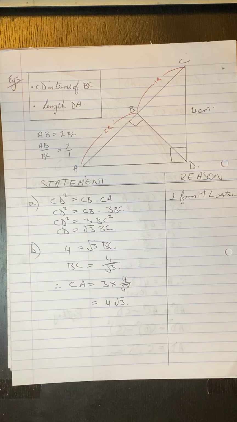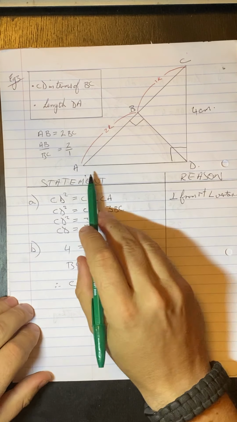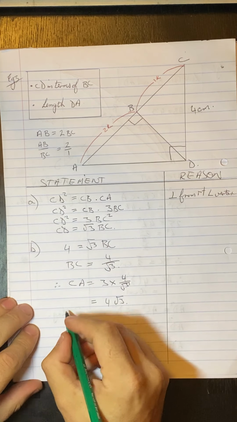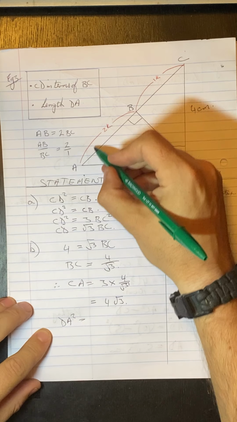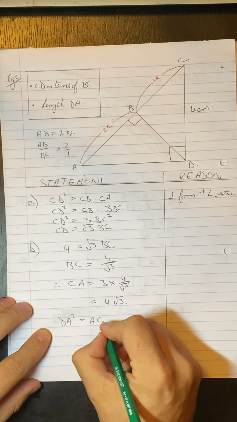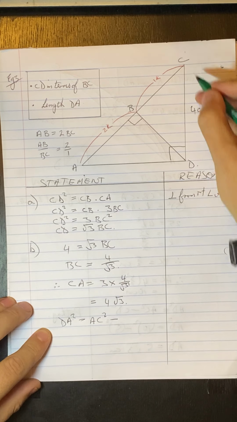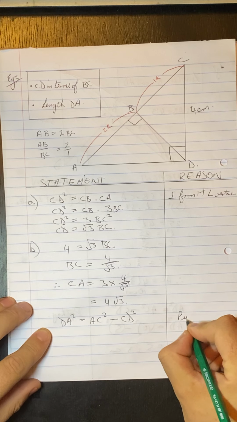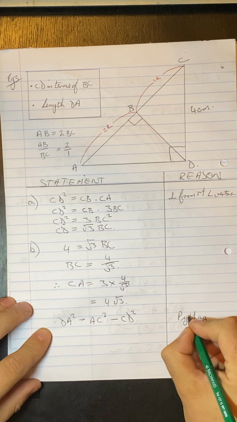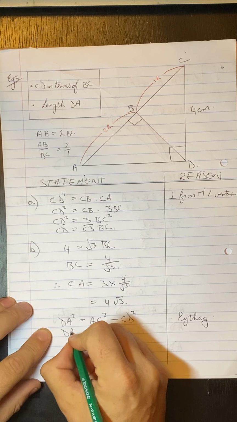Okay. Now I'm going to use Pythagoras. So we know that DA squared will be equal to AC squared minus CD squared. And my reason for that is Pythag. I can substitute my values in.